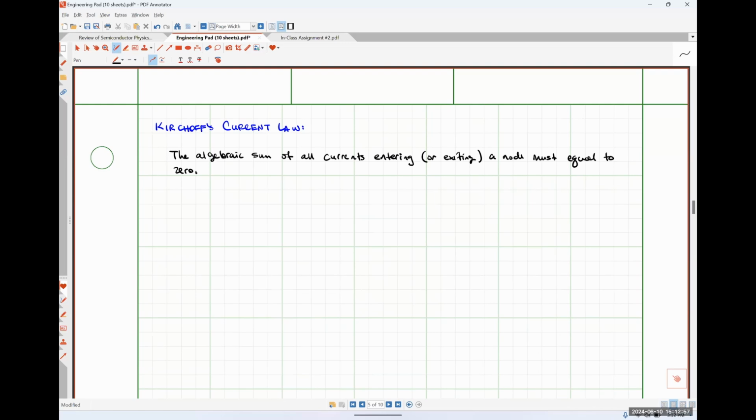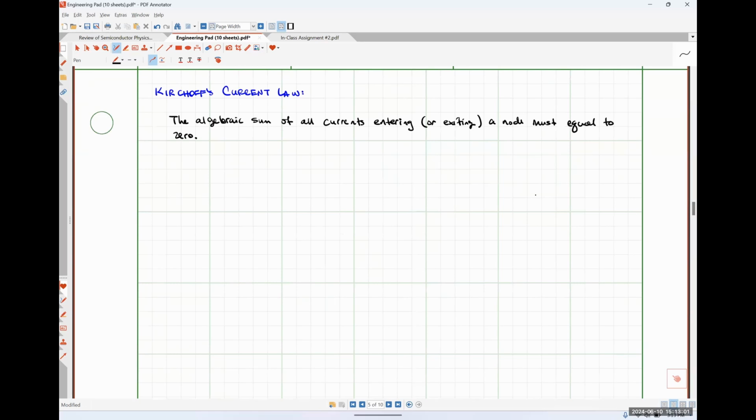Okay. So now let's look at something here really quickly. So I'm going to draw a node point here on the page, and I'm just going to give myself a couple of different paths. And I'm going to arbitrarily draw currents. And some are going to be flowing into the node, and some are going to be flowing out of the node, right?